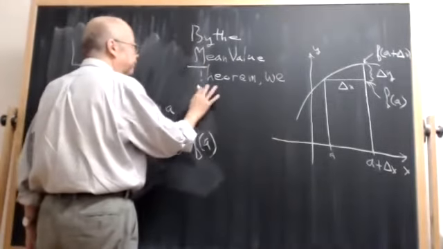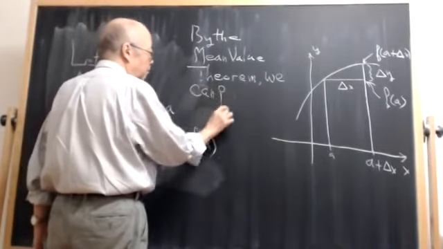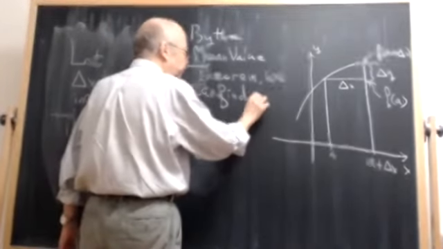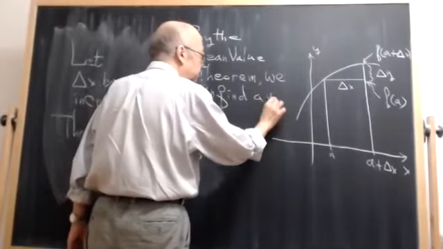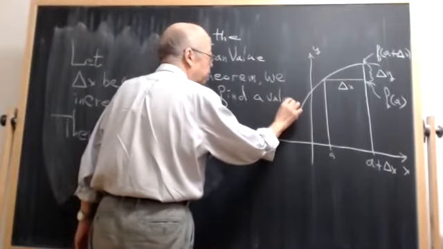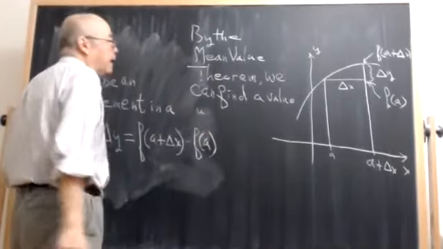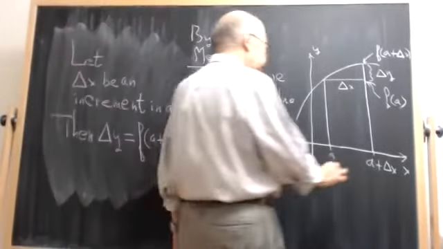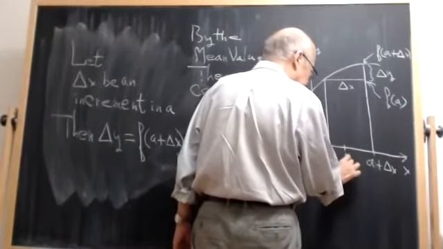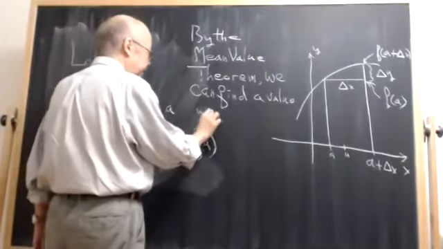We can find a value U, or a point U, and this point U is between A and A plus delta x.